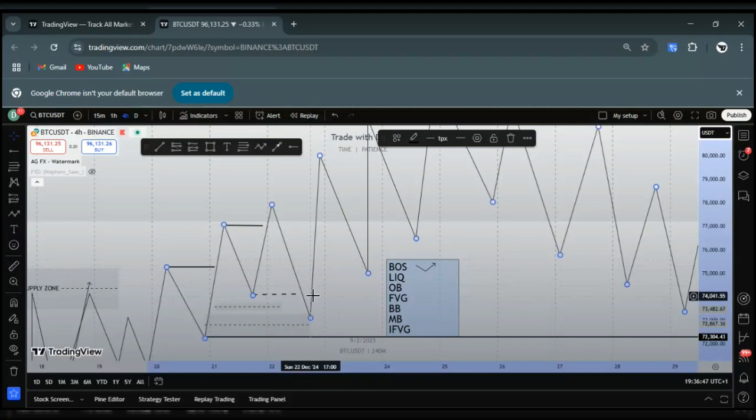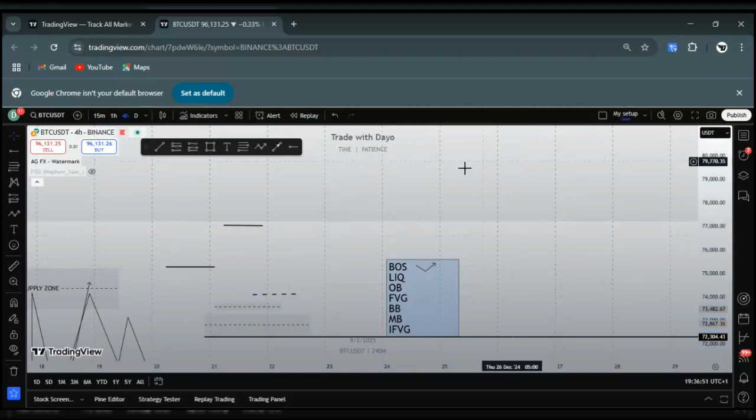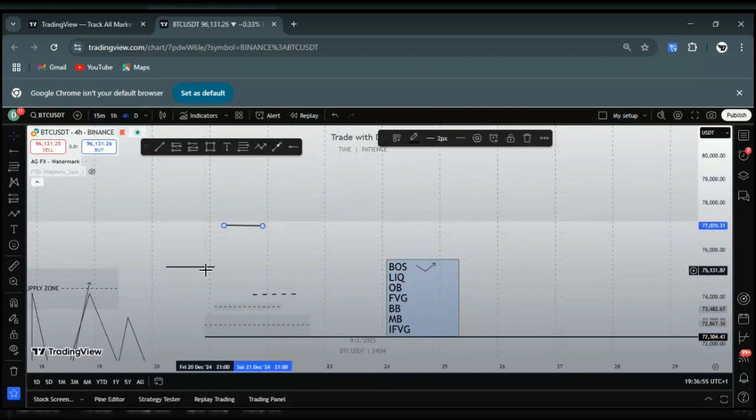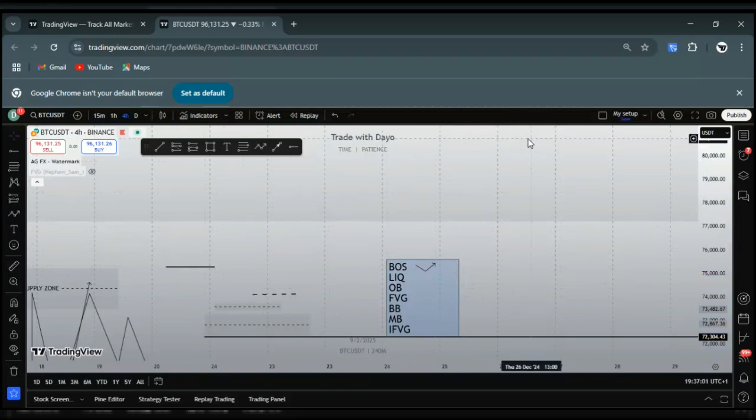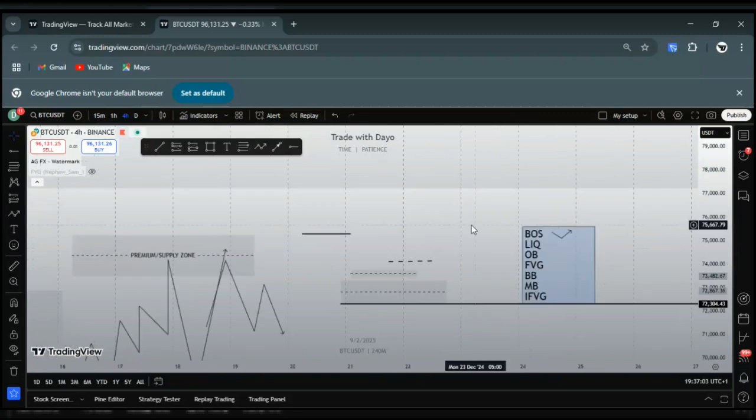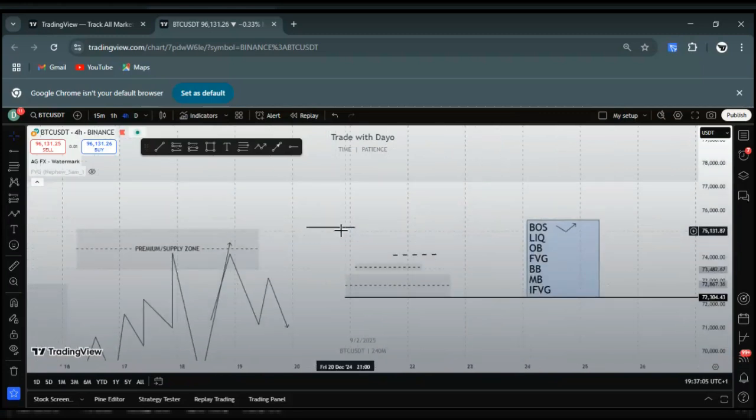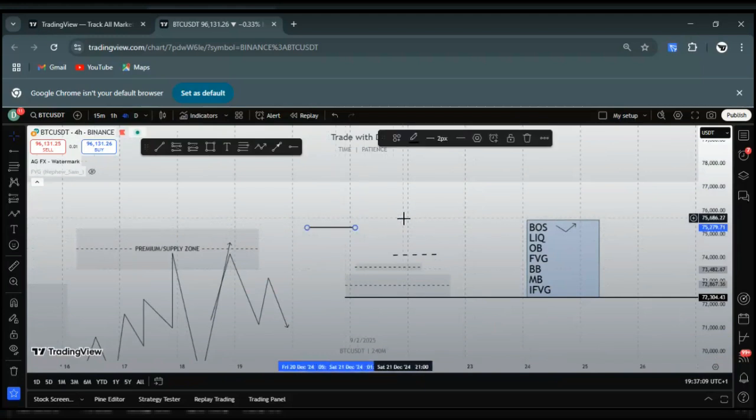Aside from the fair value gap, if you want to look for more confluences, aside from ticking your break of structure, liquidity, and fair value gap, you should have maybe probably a breaker block.